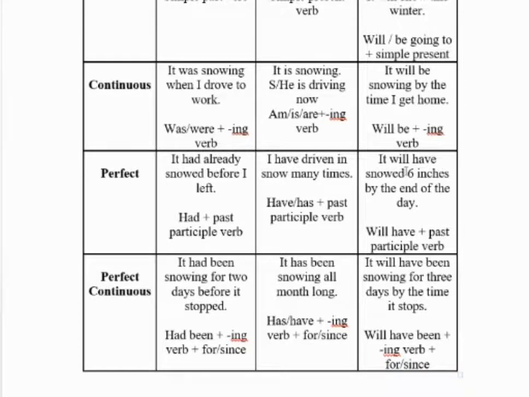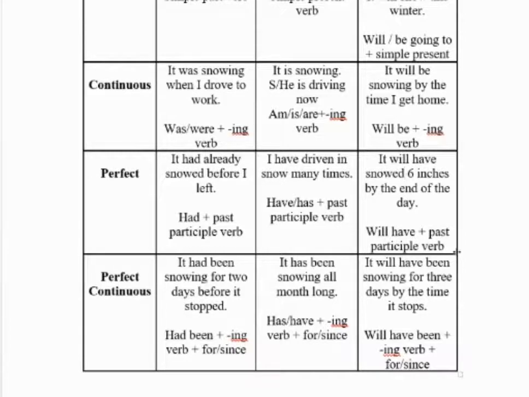In the future perfect, it will have snowed 6 inches by the end of the day. The rule: we use will have, plus past participle verb. So always after have or had or has, we always use the past participle verb.